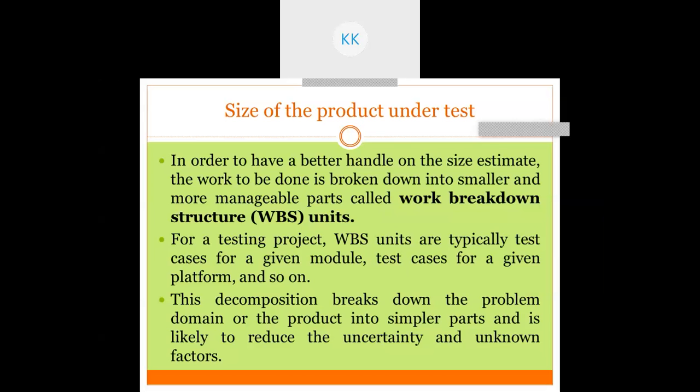Generally, it will be a common functionality which will be tested by a particular team. This decomposition breaks down the problem domain or the product into simpler parts, and it is likely to reduce the uncertainty and unknown factors.